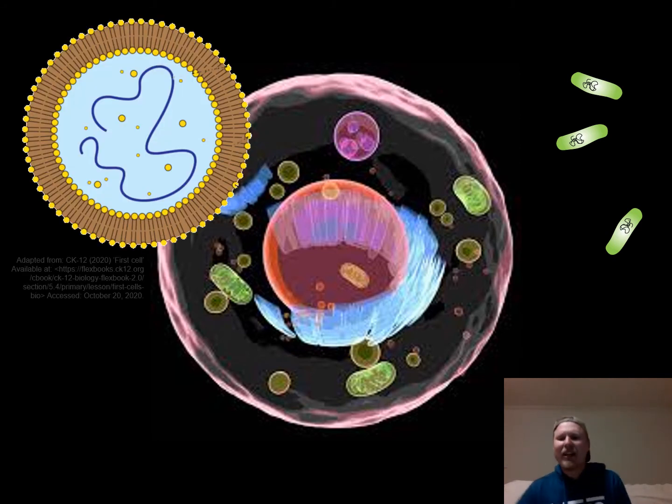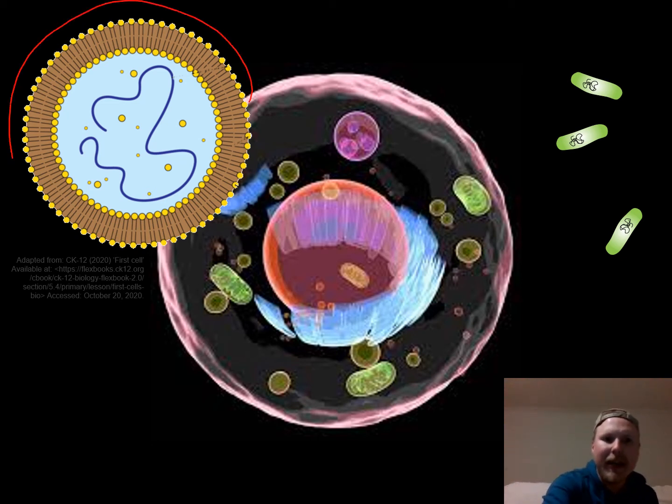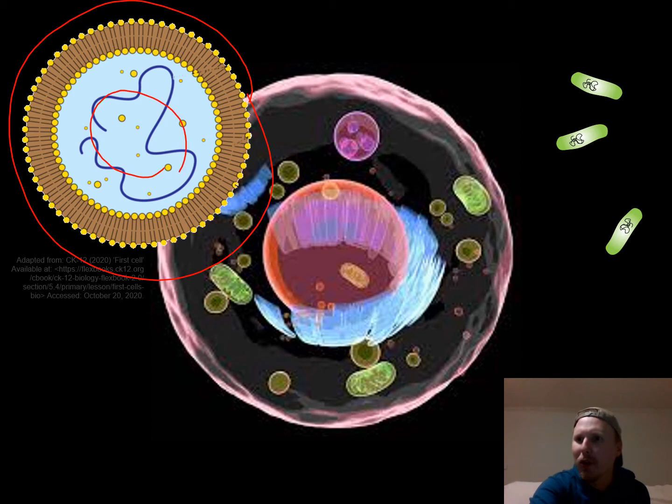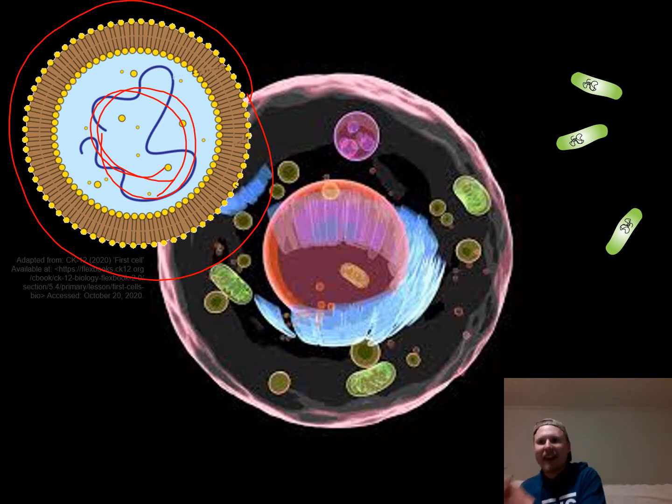And this figure here shows our current understanding of what the earliest cell may have looked like. We think that by having this membrane around the molecules, these molecules were prevented from reacting with other molecules as would have normally happened. So these molecules persisted instead. And that was really the start of the first cells.